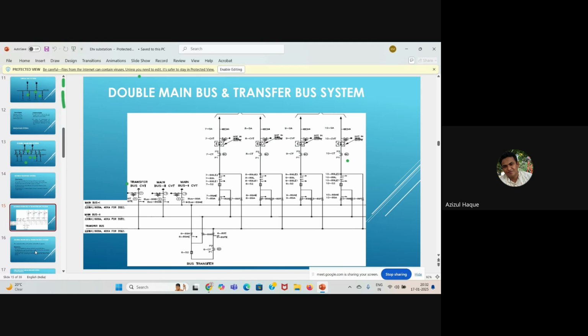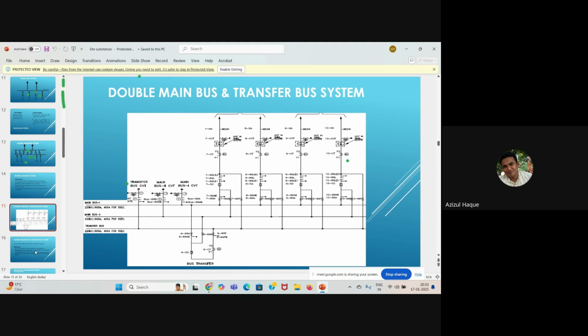Suppose we have charged one feeder through the transfer bus, and at that time we are doing maintenance of feeder 2 circuit breaker, and at that time some problem has taken place in the circuit breaker of feeder 1.